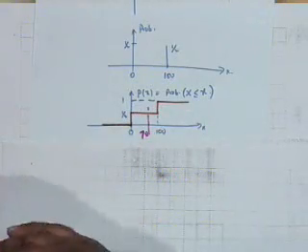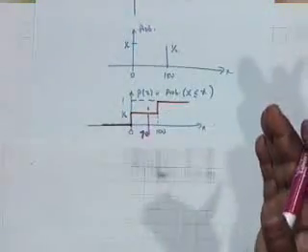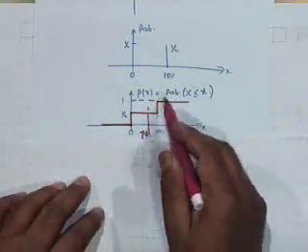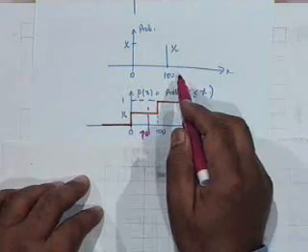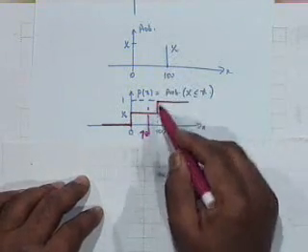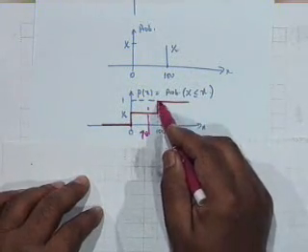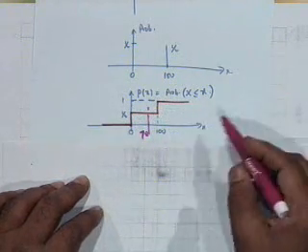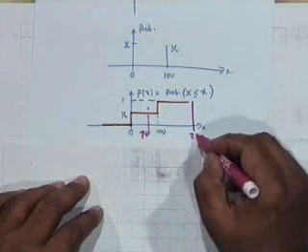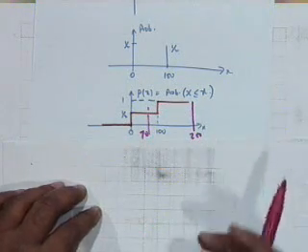It is the cumulative function, the integrated function, so it remains at half. Then at small x equal to 100 it suddenly jumps to 1. It was already half, another half is added, and therefore it jumps to 1, and it remains at 1. Capital P of 200 will also be equal to 1.